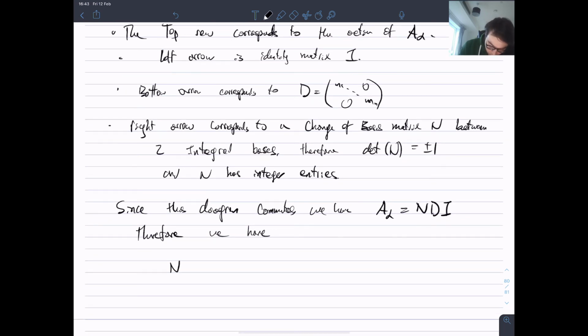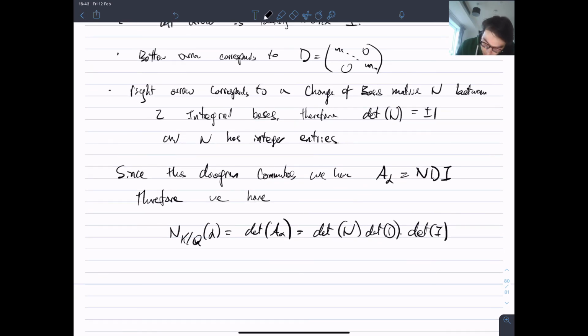The norm K to Q of alpha is the same thing as the determinant of alpha, which is the determinant of n times the determinant of d times the determinant of the identity matrix. What is this equal? Well, the determinant of n is plus or minus 1, so this is plus or minus the determinant of d. The determinant of the identity matrix is 1.